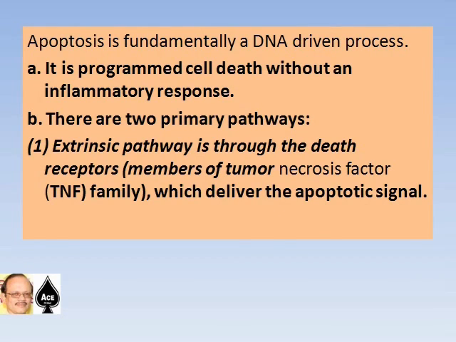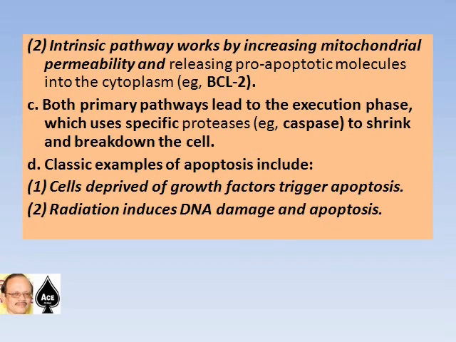Apoptosis is fundamentally a DNA-driven process. It is programmed cell death without an inflammatory response. There are two primary pathways. The extrinsic pathway is through the death receptors, members of the tumor necrosis factor TNF family, which deliver the apoptotic signal. The intrinsic pathway works by increasing mitochondrial permeability and releasing pro-apoptotic molecules into the cytoplasm, like BCL2.